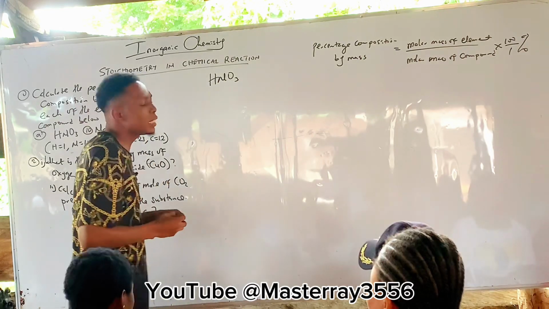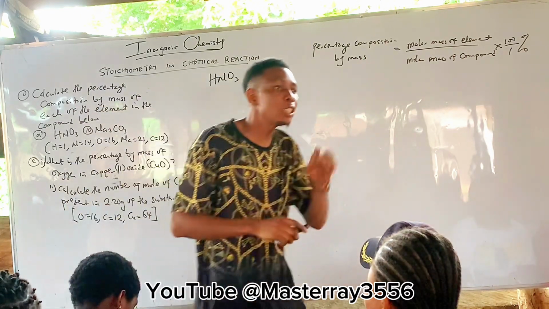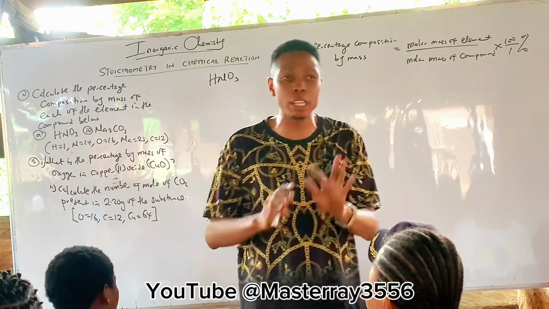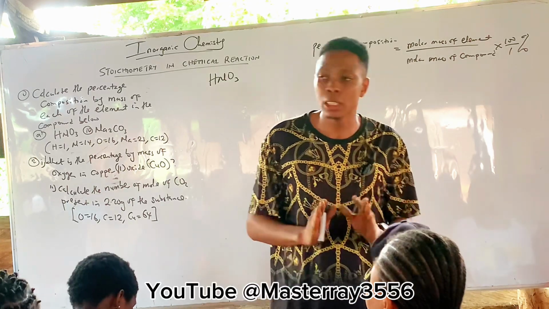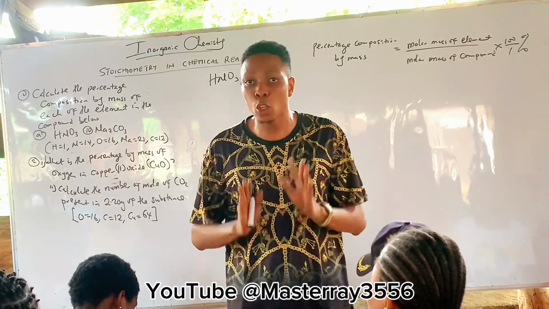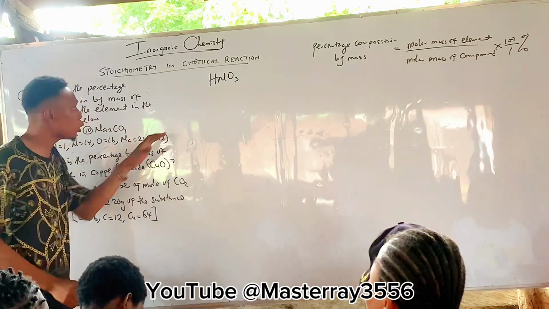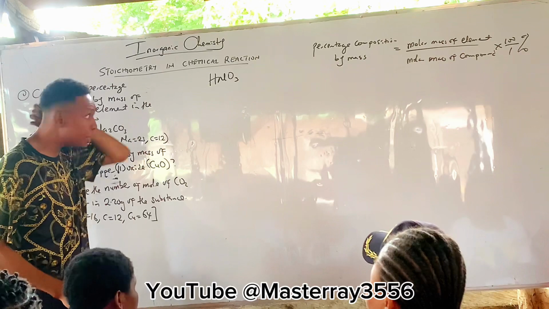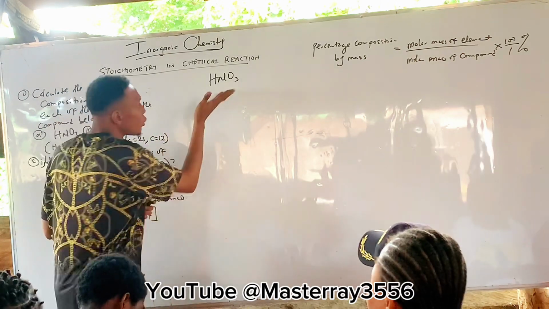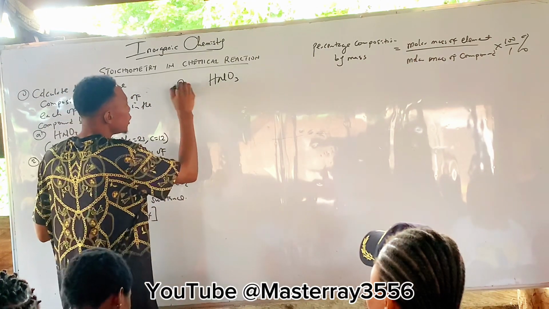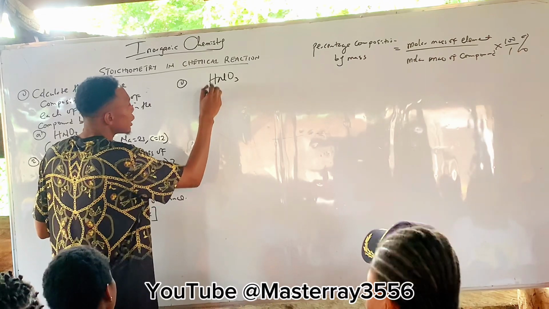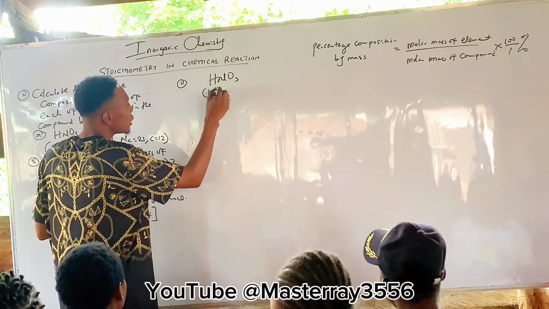Now when you are calculating percentage composition by mass, the first thing you do is calculate the molar mass of the compound. Are you following? Now from here we are given the mass number for each of the elements. Hydrogen is 1, with 1 atom.